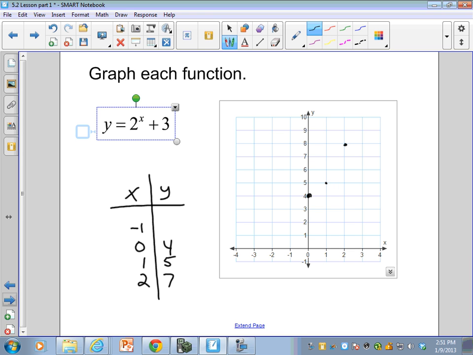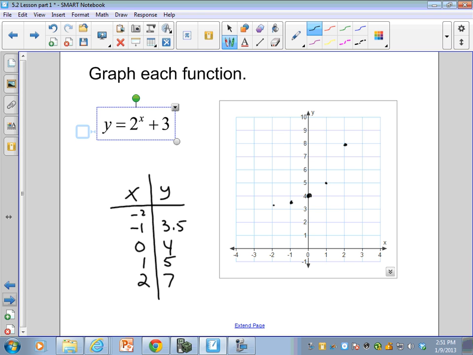Okay, so negative 1. What does that give us? Normally that gives us 1/2, right? So 1/2 plus 3 is 3.5. And negative 2 gives me 1/4, but 3 1/4 like that.